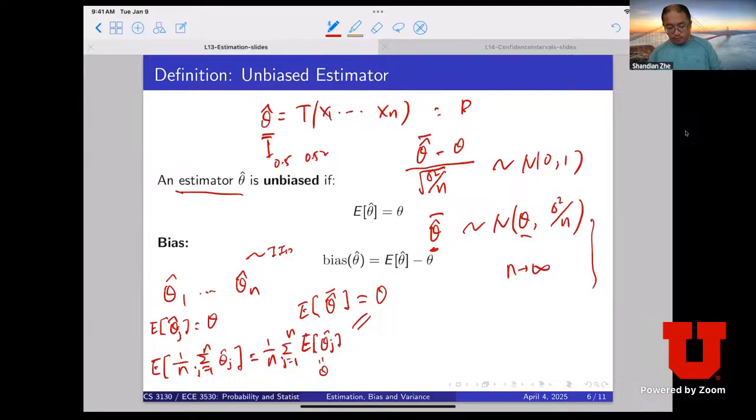However, if your estimator is biased, even if you do this average and your variance gets smaller, your mean is not necessarily the ground truth. So there is always some gap between the ground truth and your estimation, no matter how many rounds of experiments you're doing.